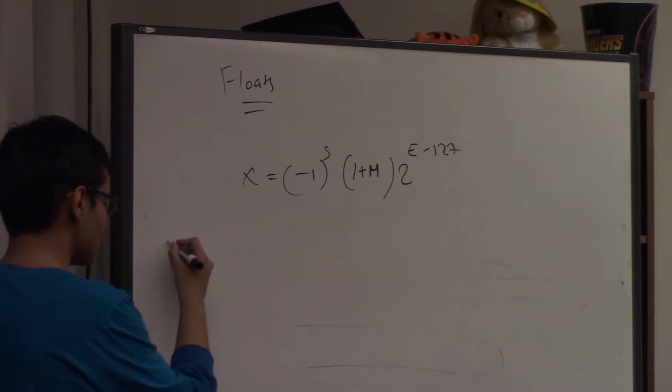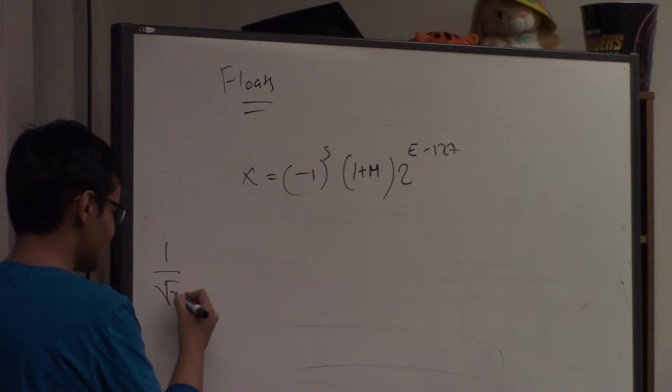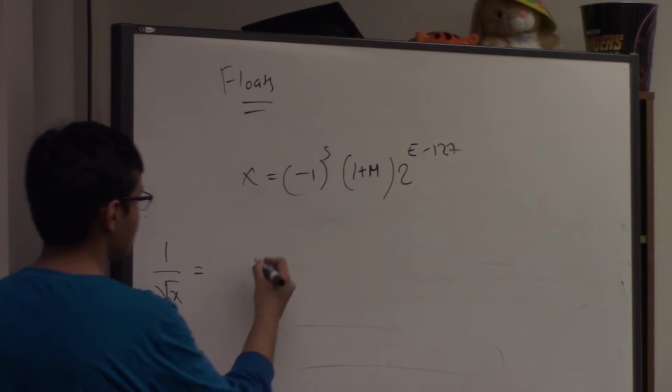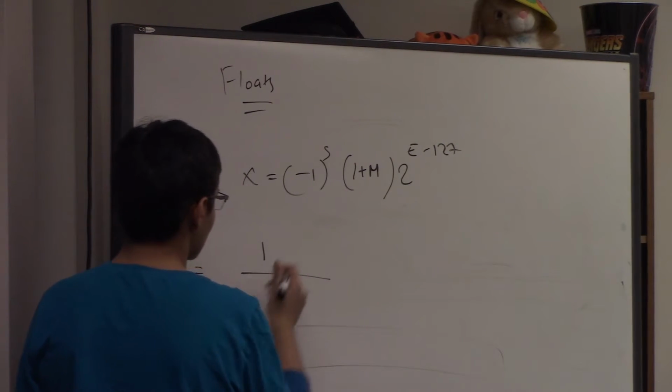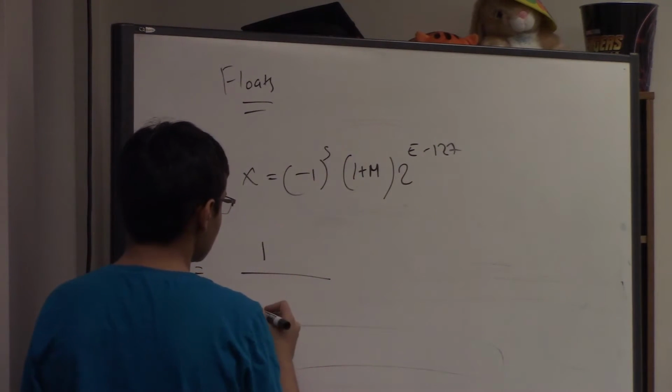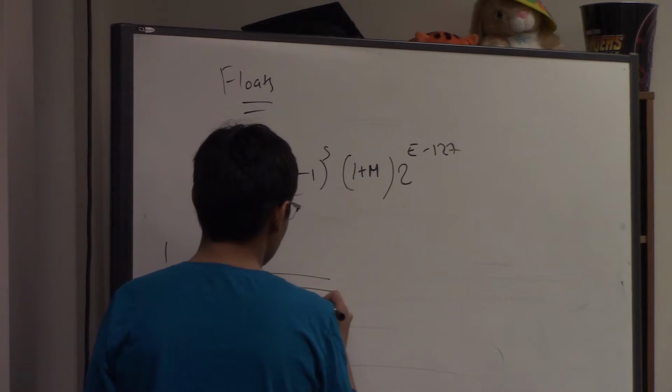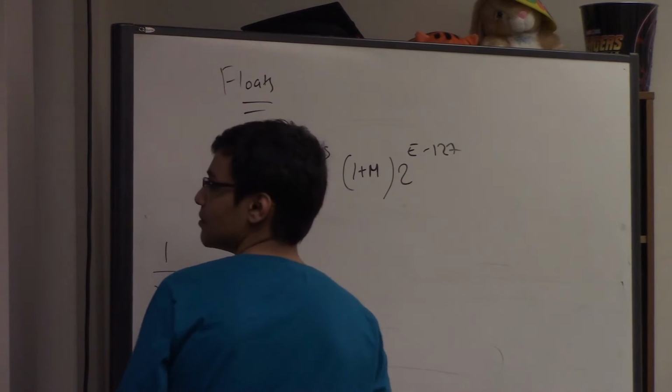Now let's come back to the original question. We wanted to compute this, right? That's what we want to compute. So we can just put this right here, 1 over square root. I'm going to ignore the sign for now. So I really just want this, 1 plus m, times 2 raised to e minus 127.